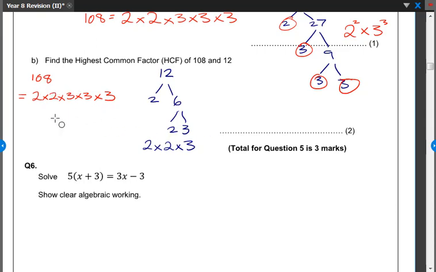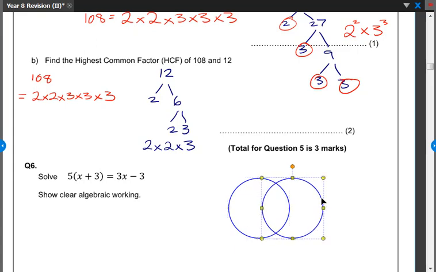Now if you really want, you can do a Venn diagram. It's unnecessary here, but we can go ahead. So this can be for 12, and then obviously 108 is on the other side. So what are the common factors? Well, we can see it's 2 times 2 times 3.